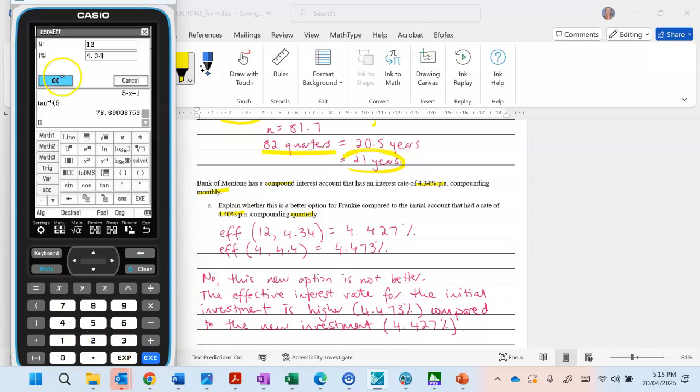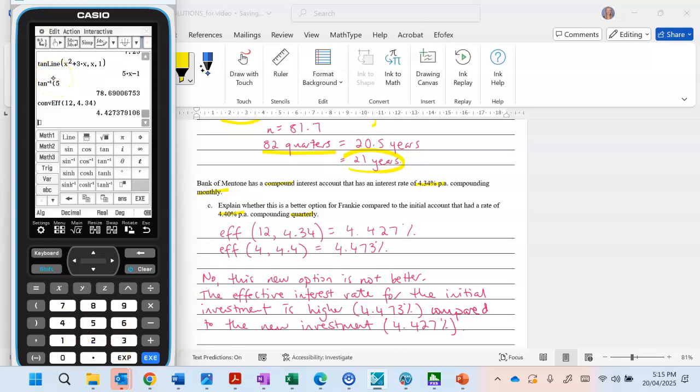I did see quite a few students use the actual formula. So you don't need to use that formula unless it's maybe a show that question. You can just plug it straight into your calculator. If you do use the formula, the problem with that is you're prone to making errors. It's quite, I don't want to say complex, but there's a lot to it.